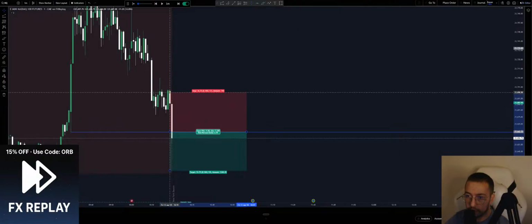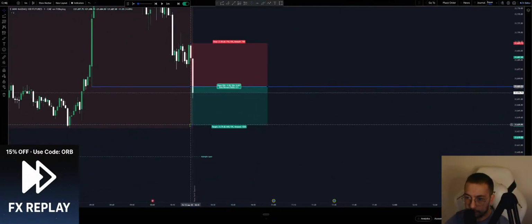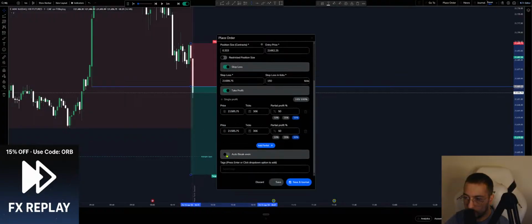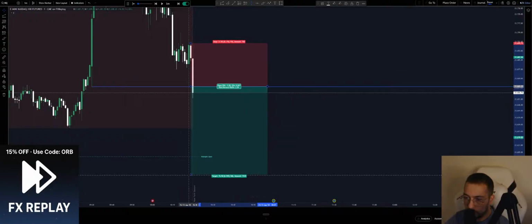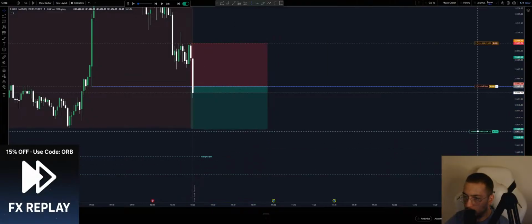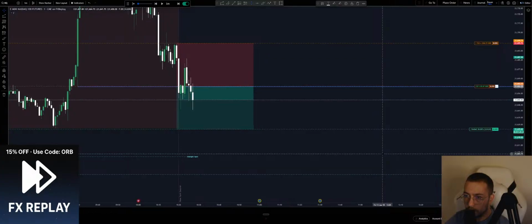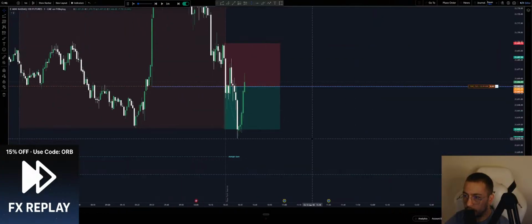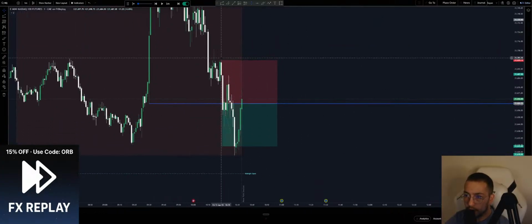Or limit order as your stop. Add your partials. 1-to-1. Alright, stop loss to break even and then it stops us out.